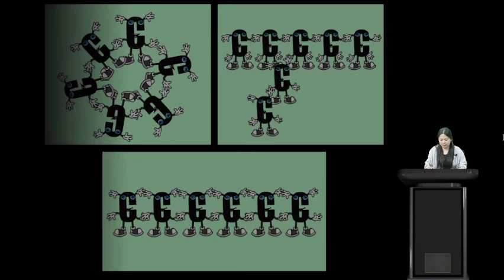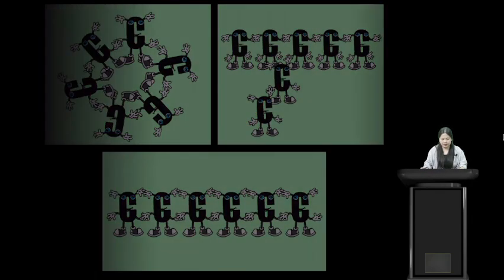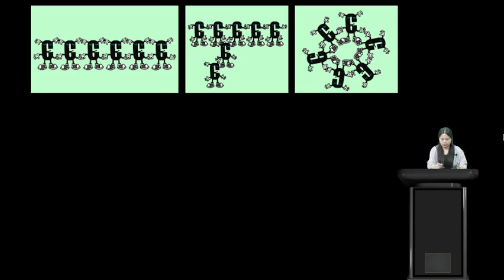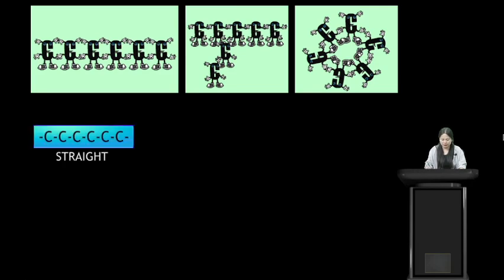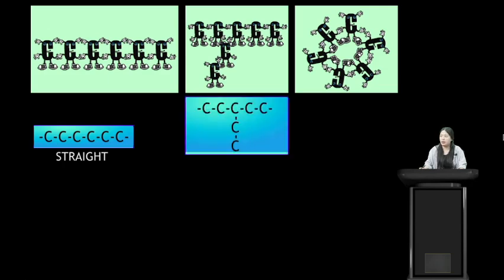Now what is the difference among these three structures? Are they the same or different? Let us see. In the first case, the carbons are linked together in a straight chain. In the second case, the carbons are bonded together with a branch.